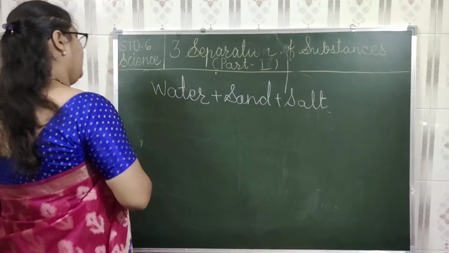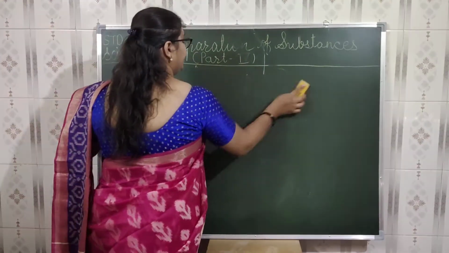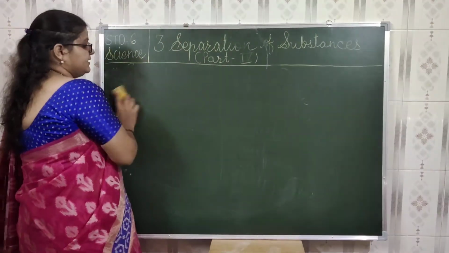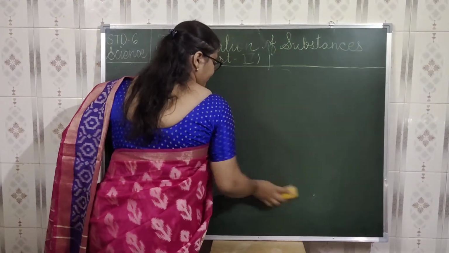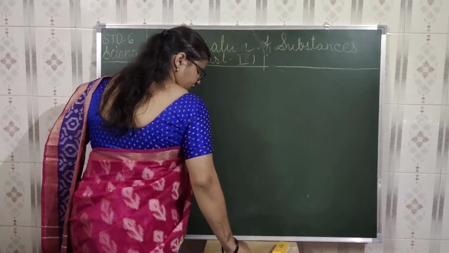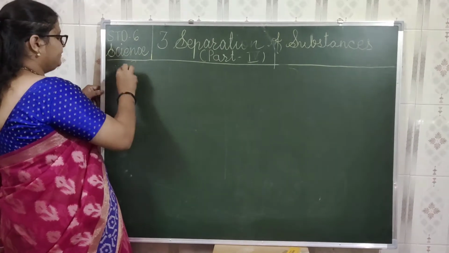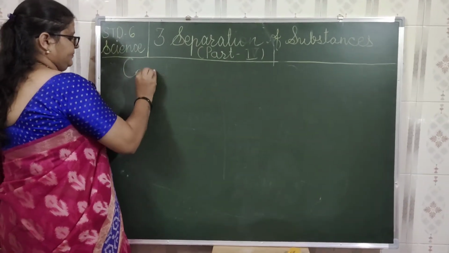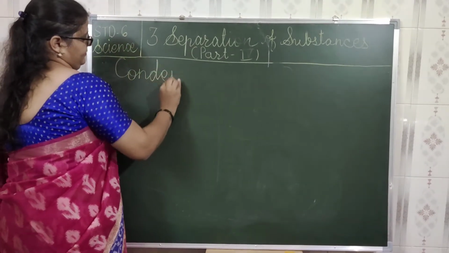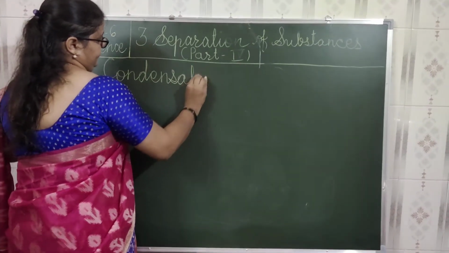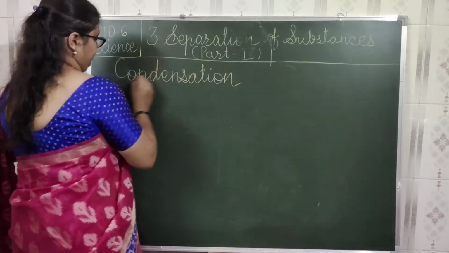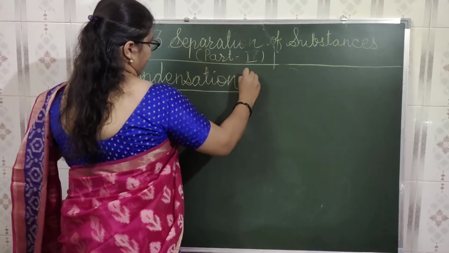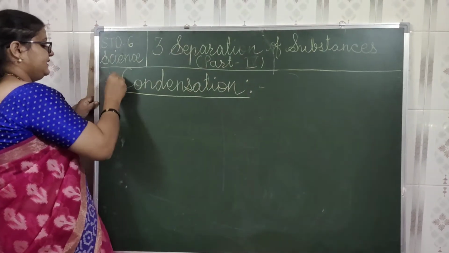Shall we move on to the next method? That also you are very familiar with. We have been learning this for the last couple of years, even in the third standard you must have seen it. The name of the method is condensation.